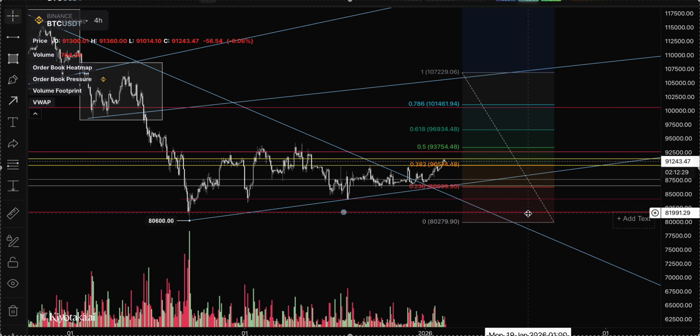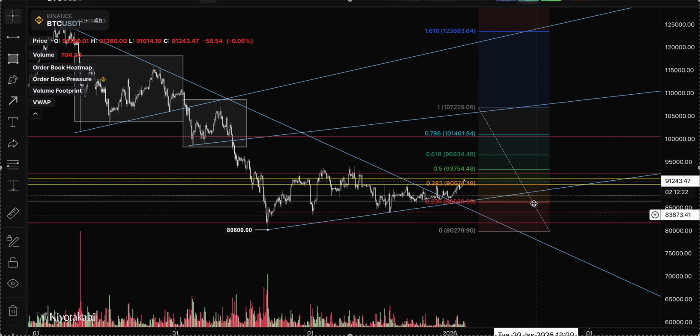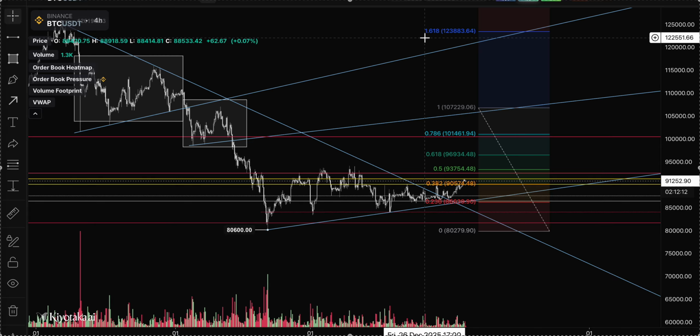At that point, I expect 80K to melt and pierce through. But if we head onto the 1 level, okay, Fibonacci 1, then we are definitely looking for another extension to the other golden ratio, okay, which is 1.618, same thing.